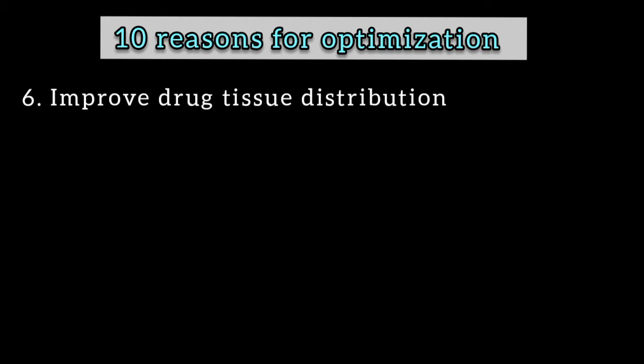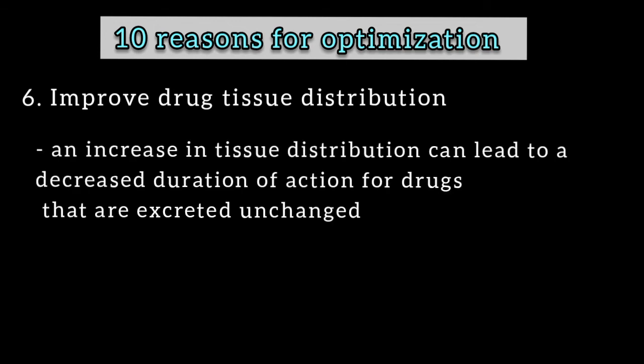Another reason for optimizing a lead molecule is to improve the drug tissue distribution, and increasing this can lead to a decreased duration of action, particularly for drugs that are excreted unchanged, meaning they are excreted in the same form structurally as they were when they were taken into the body.